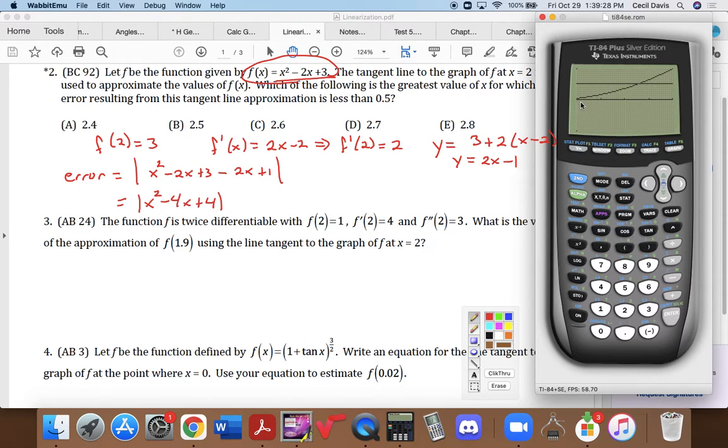So there's 2.2, 2.4, 2.5 would be there, 2.6 would be here, 2.7 is here, 2.8, obviously at that point this one's higher, so I think it's at 2.7, and I believe that's the correct answer.